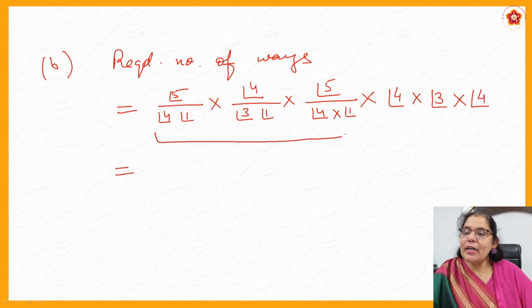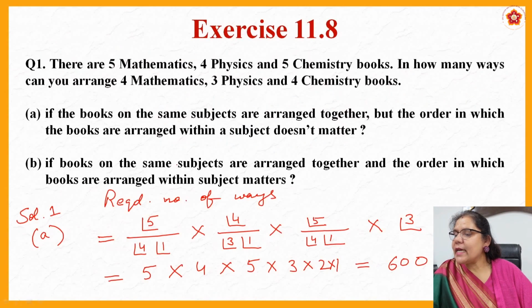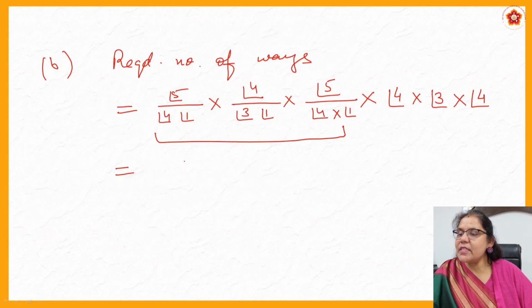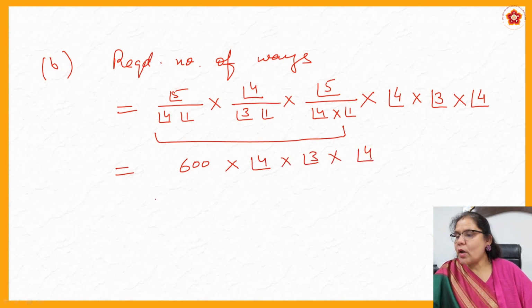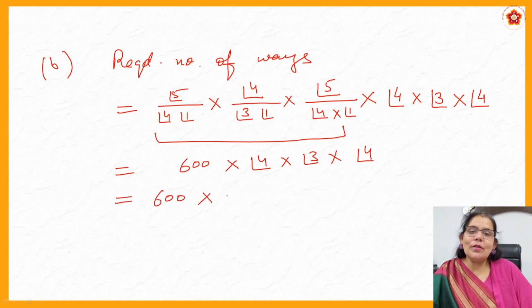This part we had already solved in the earlier part, A part. So this answer is coming 600. So it is 600 into factorial 4 into factorial 3 into factorial 4. Try solving it. See what answer do you get. What is factorial 4? 4 into 3 into 2 into 1. So that is 24. And what is factorial 3? 3 into 2 into 1.